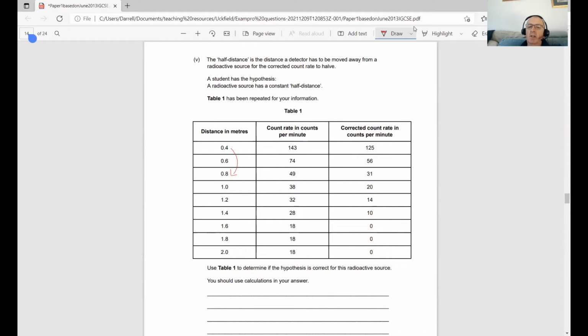let's have a look for some nice easy numbers. There's 10 to 20, or 20 to 10. 31 to 14 is almost half. So 31 to 14, the distance is 0.4. 20 to 10 is 1 to 1.4. That is also 0.4.